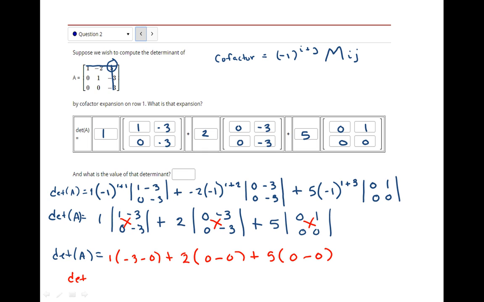So the determinant of A is just going to be 1 times negative 3 plus 2 times 0 plus 5 times 0, which is just going to equal negative 3.